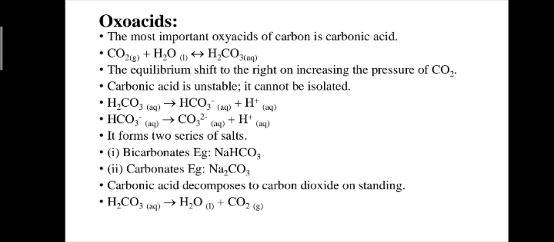The bicarbonate anion, after losing another H plus ion, is converted to carbonate anion. Therefore, carbonic acid forms two series of salts: bicarbonate, for example sodium bicarbonate; and carbonate, for example sodium carbonate.